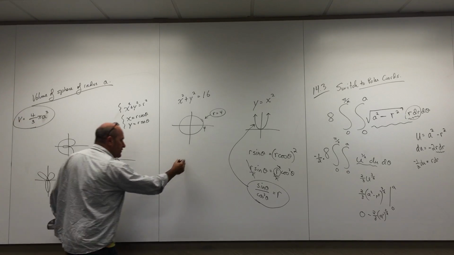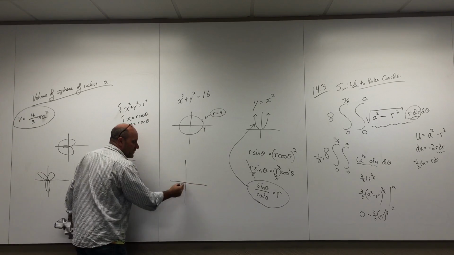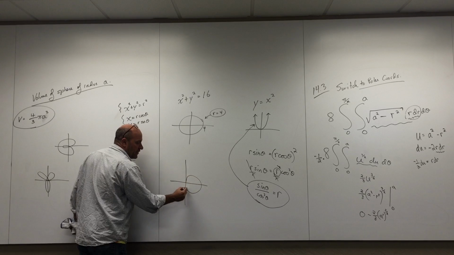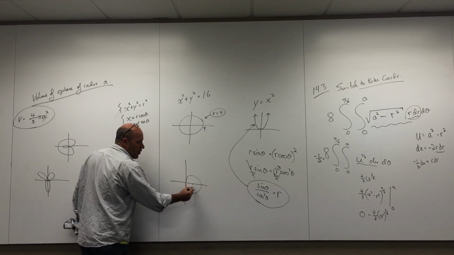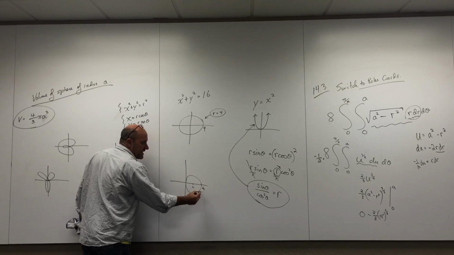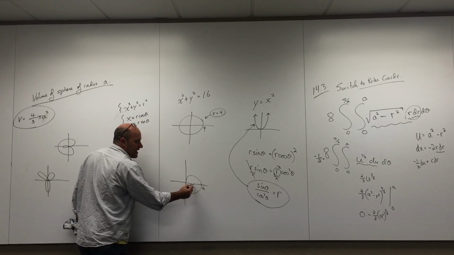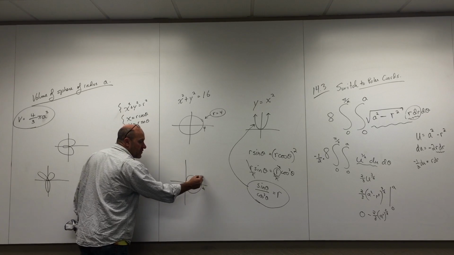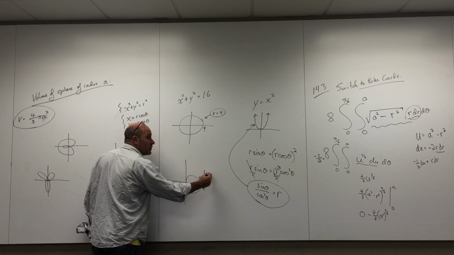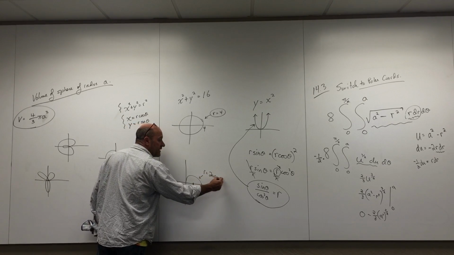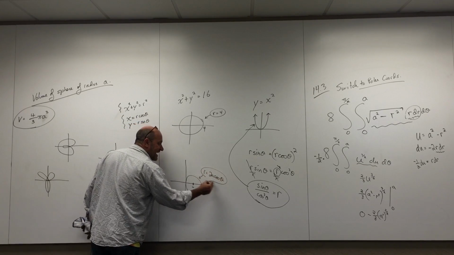But there are these two. These come up. Watch this. There's this offset circle, a circle that sits out here, diameter 2a. It's centered at a, and it's got a radius of a. This circle is named r equals 2a cos theta. That's kind of a famous one.